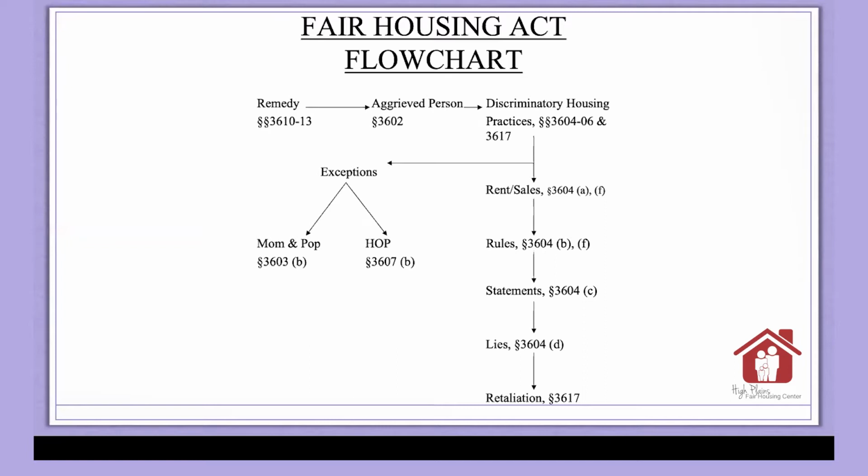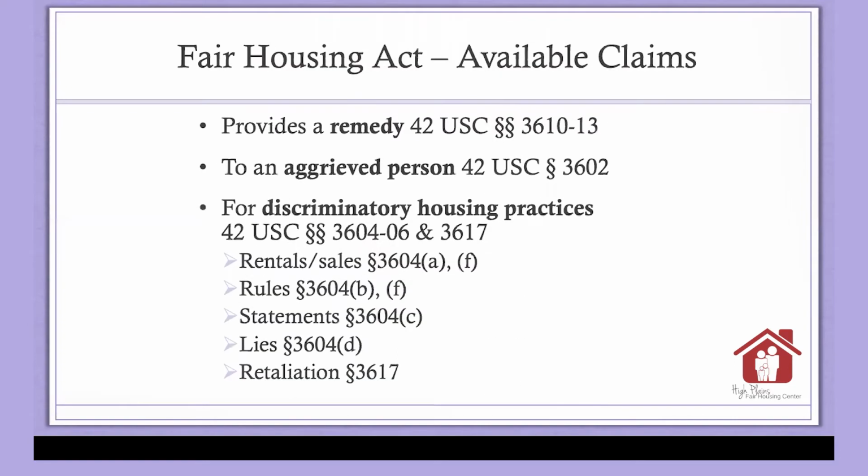And those come in several different types of varieties. And the statute itself enumerates these kinds of violations under the subsections. And then pointing out to the left, you see there are some exceptions to the Fair Housing Act's coverage, and we'll briefly go over those as well.